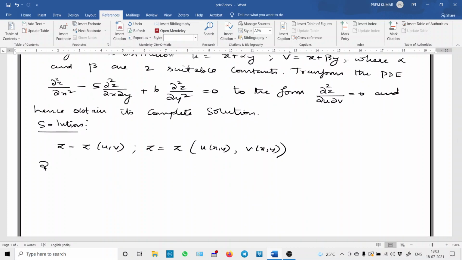So now what is ∂z/∂x? First we differentiate with respect to u, and u with respect to x, plus ∂z/∂v, and v is in turn differentiated with respect to x.